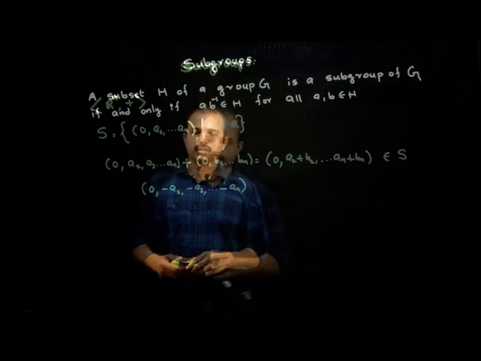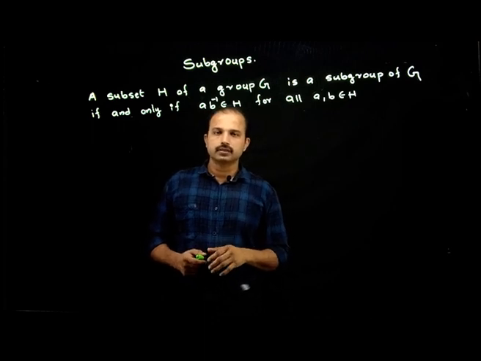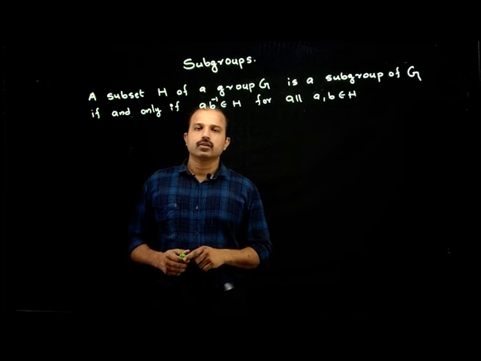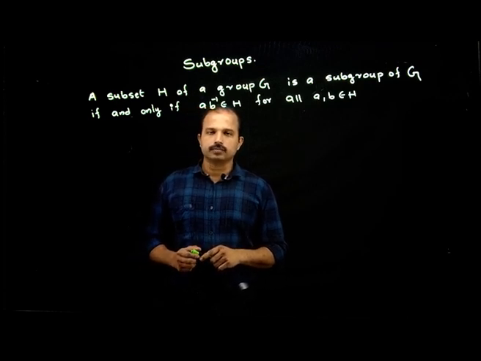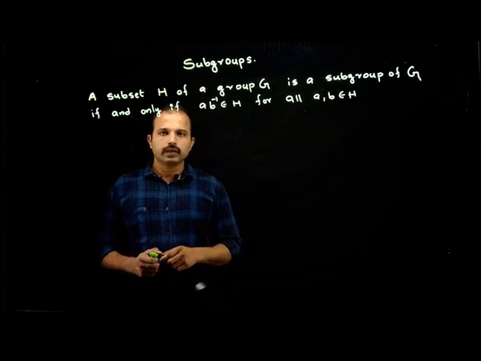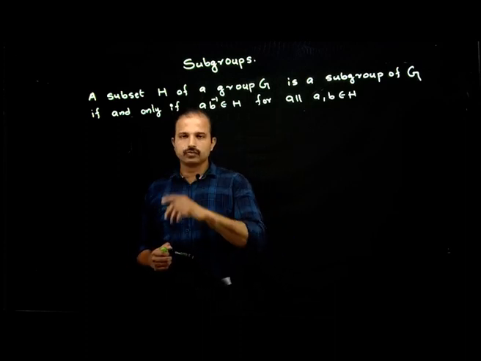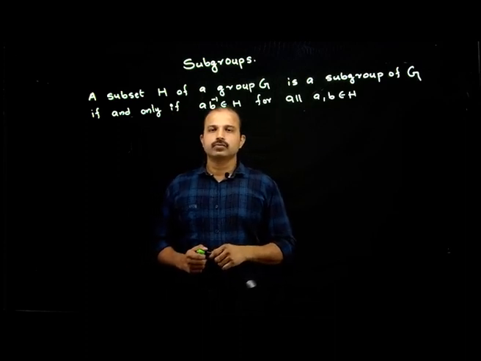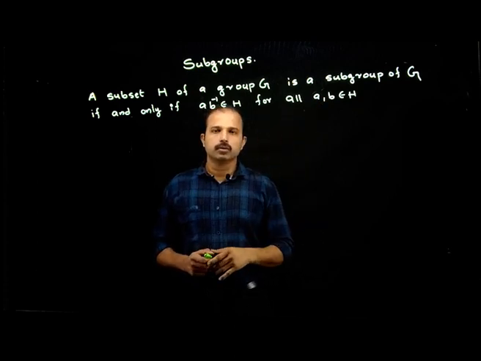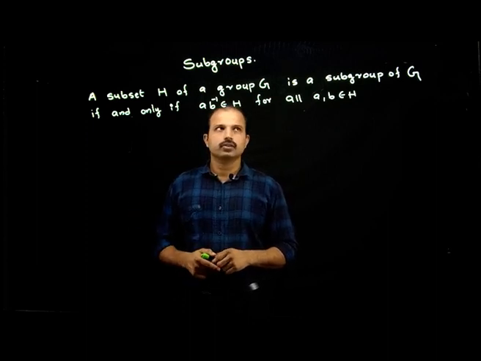Okay. So in order to check whether a subset S of a group G is a subgroup or not, we have to verify whether S satisfies all the group axioms. But here we have a more compact, easy criterion, and the result says that a subset H of a group G is a subgroup of G if and only if ab inverse belongs to H for all a, b belongs to H. This is an if and only if result, so it has two parts.